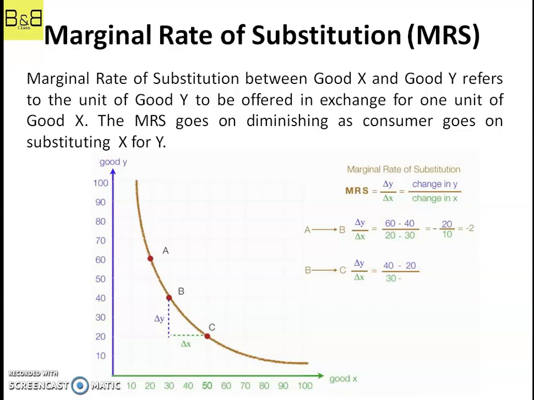However, if we see the simple calculation, we can easily see that the rate is decreasing, and the negative figure of MRS shows the negative slope. That is, when the number of good X is increasing, the number of good Y is decreasing. This is also one of the reasons for the negative slope of an indifference curve.